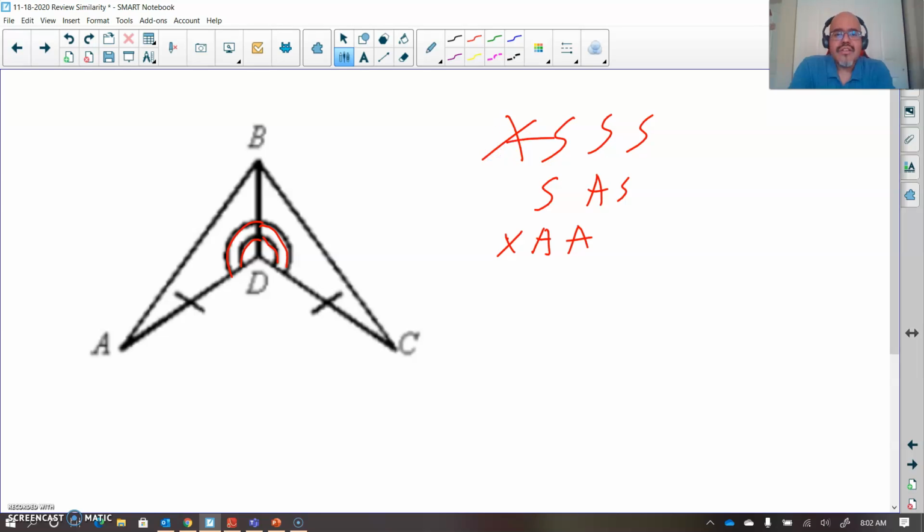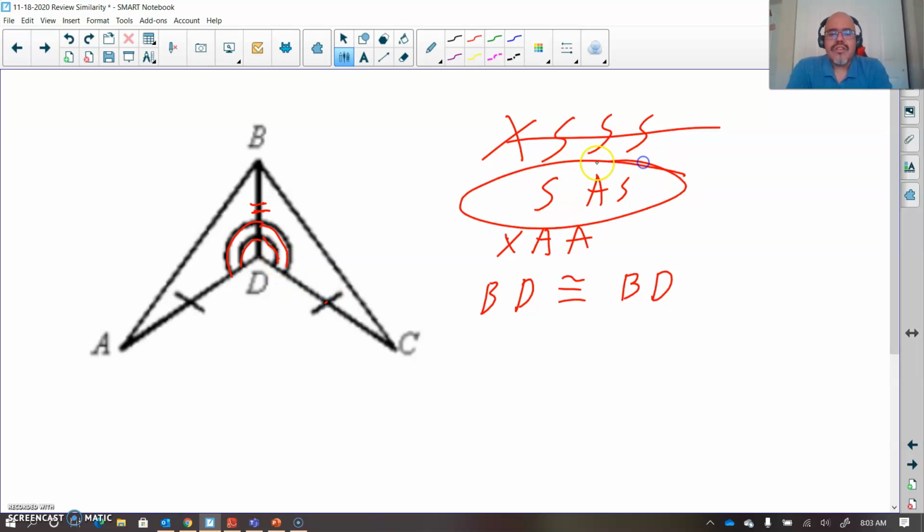So this is not it. The only one that we can use, we have one side that is reflexive because they share BD. So we can say BD is congruent to BD. This is what we call a congruency statement, but this is still similarity because there's similarity with a common ratio of 1 to 1. So this is side, angle, side similarity. So that's your answer. Side, angle, side similarity.